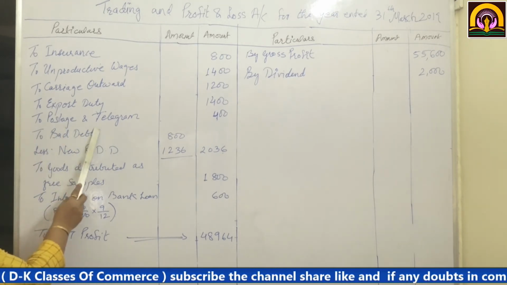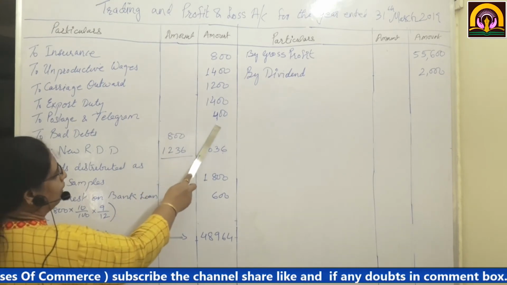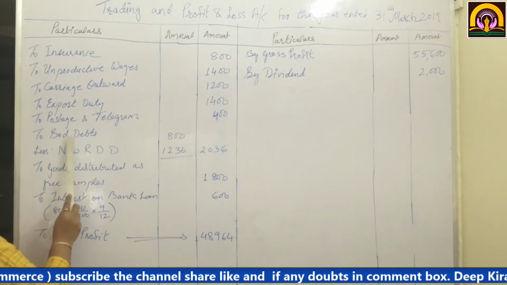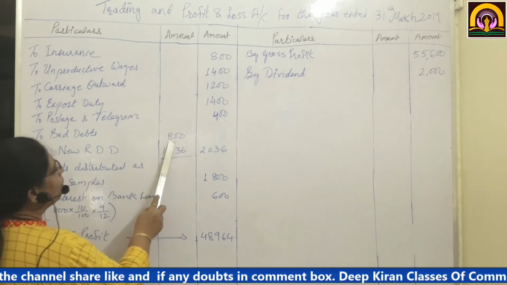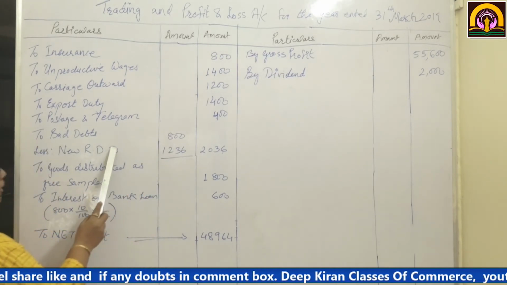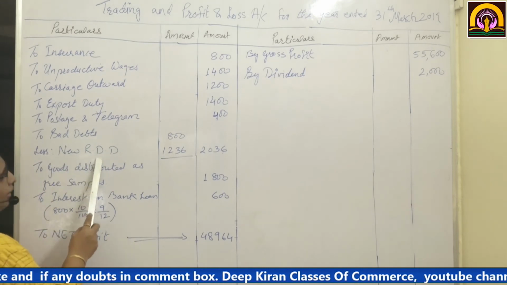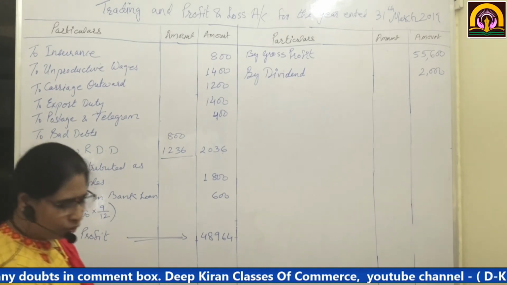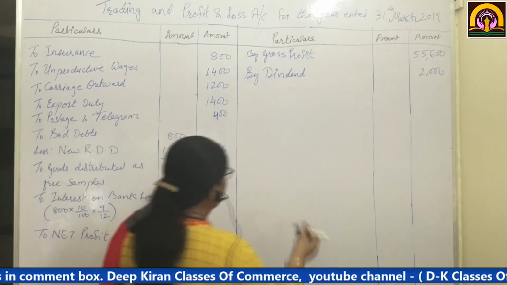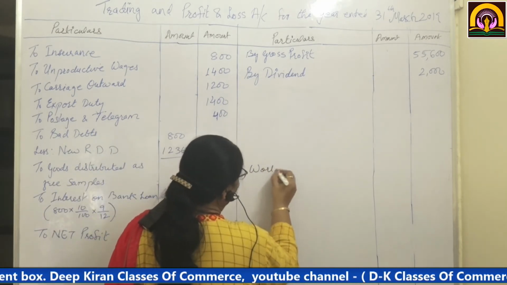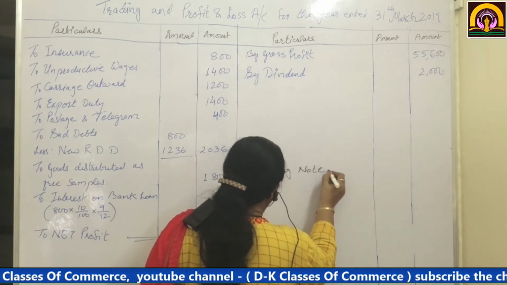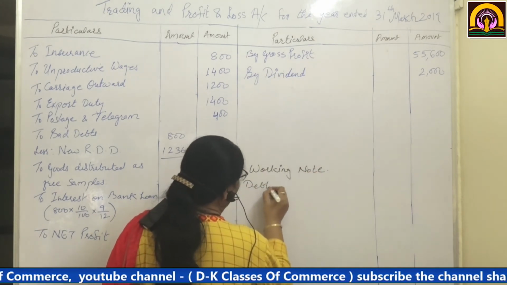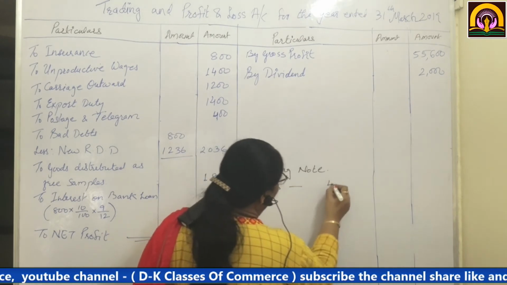Then to postage and telegram, 400. To bad debts, now in the adjustment that is shown, 800. Then to new RDD. Now I am going to show you the working here, working note. See, debtors were 40,000.